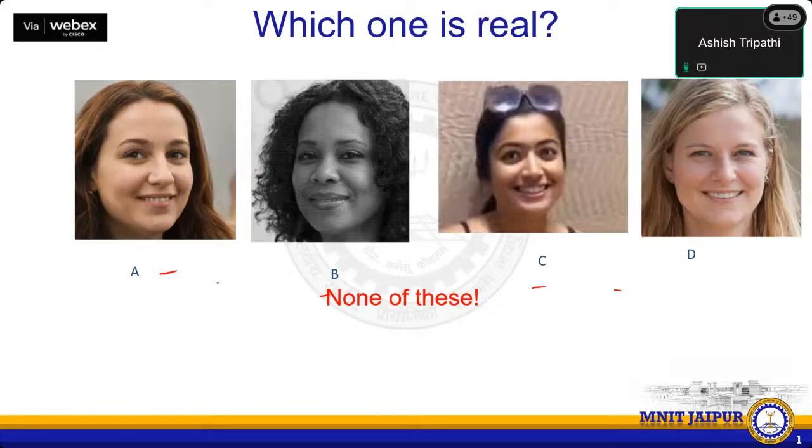And not only images: we can generate video footage and text which are very close to the real one. Majority of the time it is very difficult to distinguish which one is real and which one is fake.